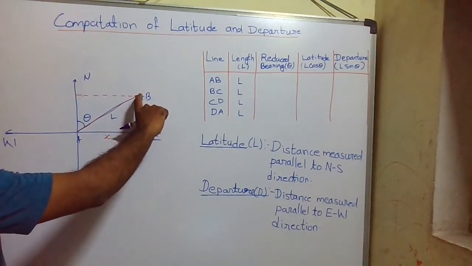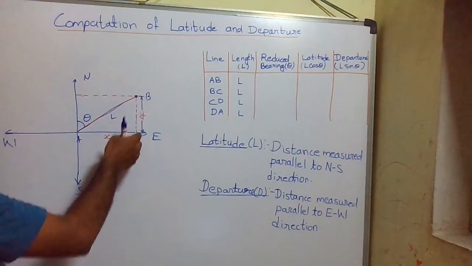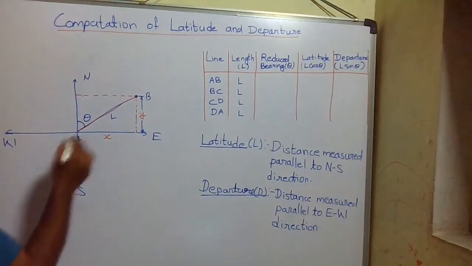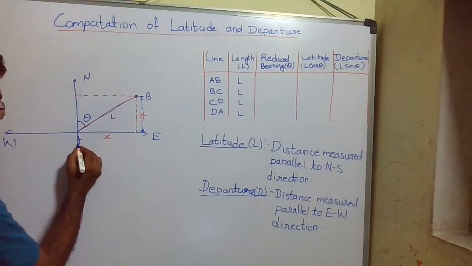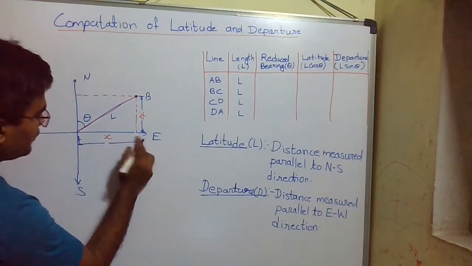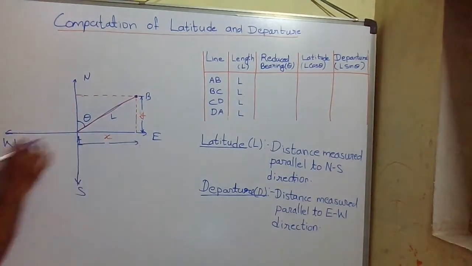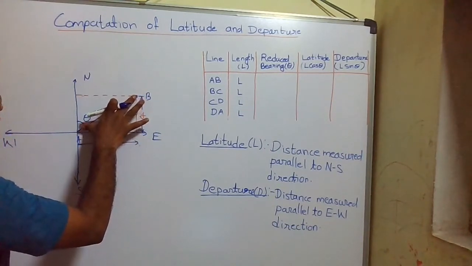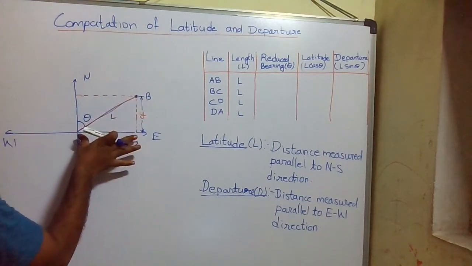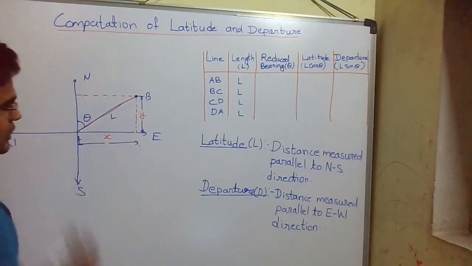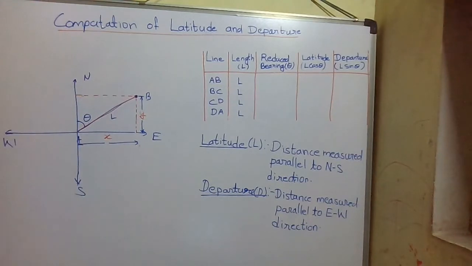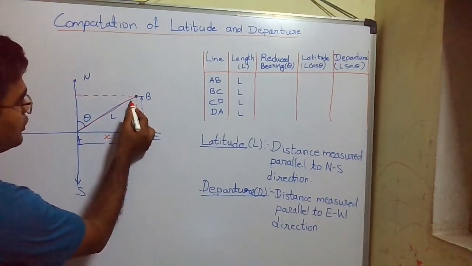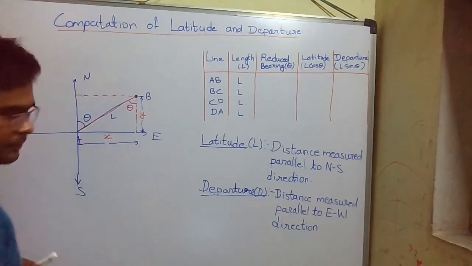Therefore Y is the distance of line AB parallel to the north-south direction, and X is the distance of line AB parallel to the east-west direction. This is the projection of line AB. If this angle is theta, we have discussed this earlier, we'll repeat it once more, then this angle is also theta.